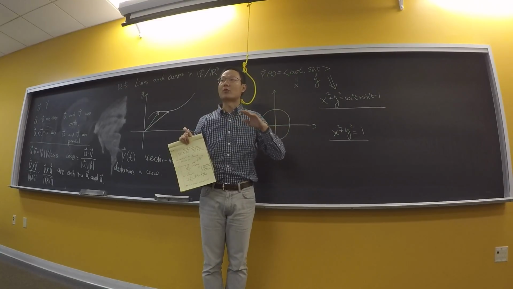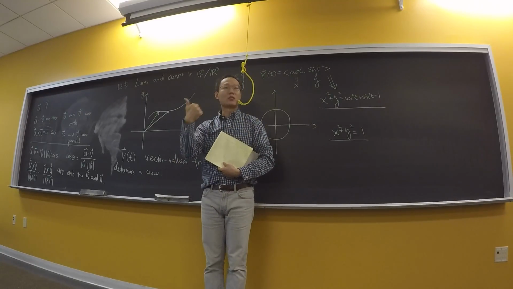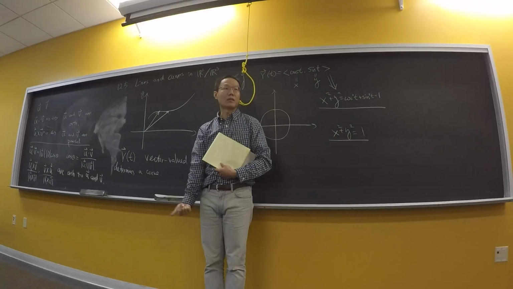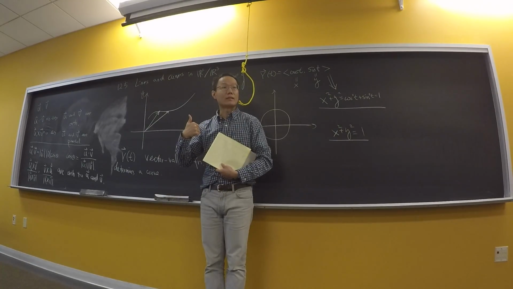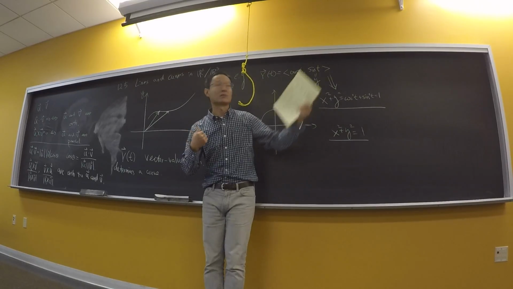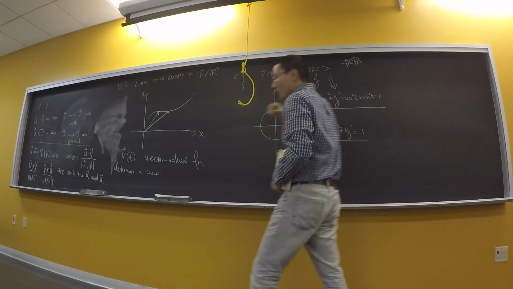Throughout this semester, we're going to use this a lot for some special curves, especially circles. So if I want you to write down the circle equation, you should be able to write down x squared plus y squared is equal to 1 if the radius is 1 and the center is 0. And also, I want you to be able to write down this parametric equation as well. This is extremely important. We're going to use this in our following chapters.